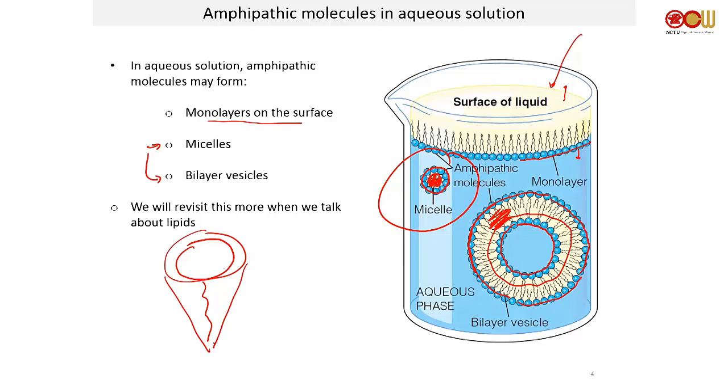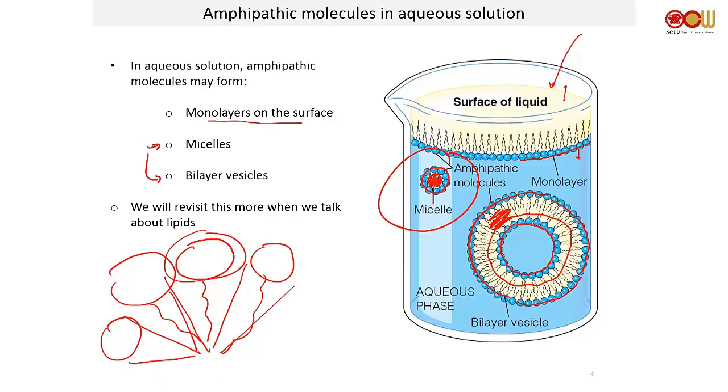So if it's a cone, then the most probable structure that they form together will be a micelle, because the tail, you only got one of them, and it's narrow, so you will form something like that. So that's like a micelle, right? So it's like a cone thing, okay? Like that.